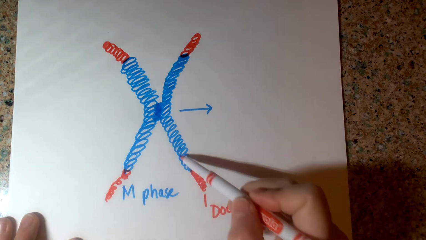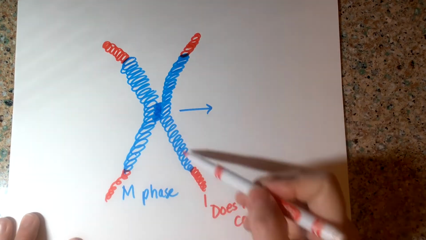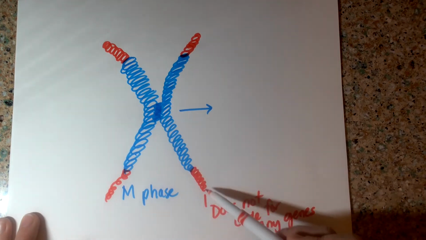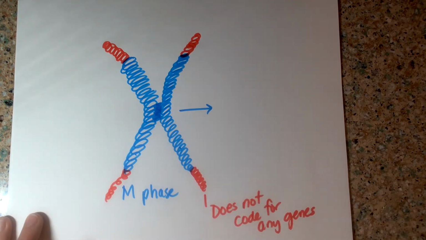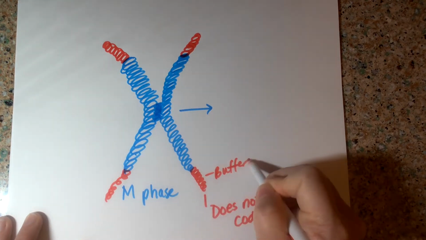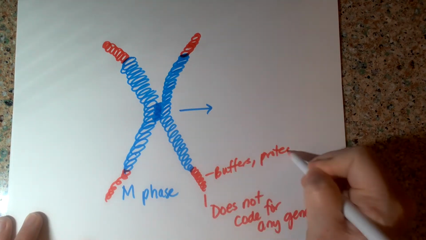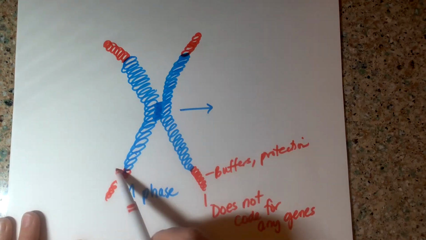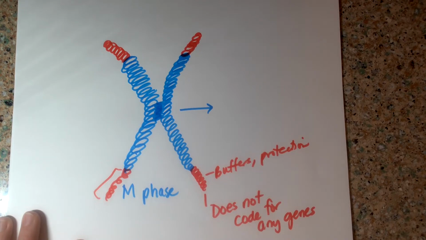So the blue is where your genes are, and the red is still attached, is still one long piece, but actually has no coding there. These are like buffers or protection, so that as your chromosome is moving around and dividing, if the tip ends get damaged, oh well, okay? Because this information really doesn't change anything.